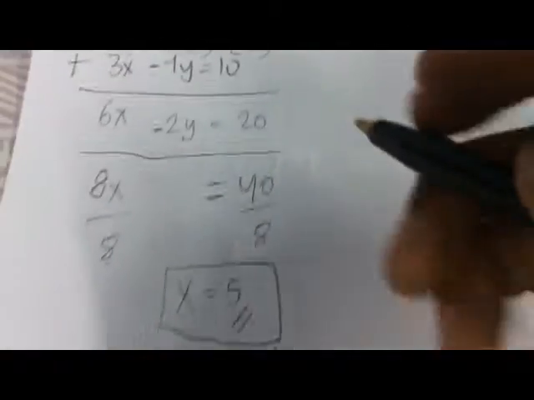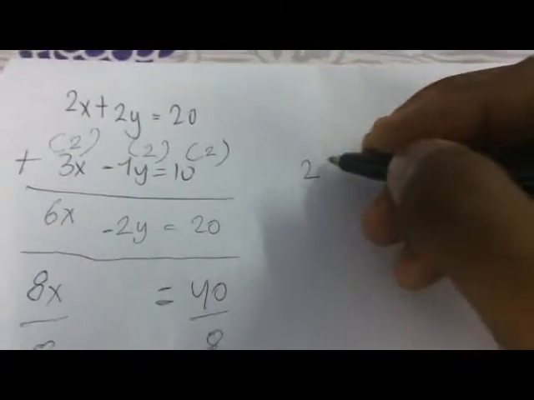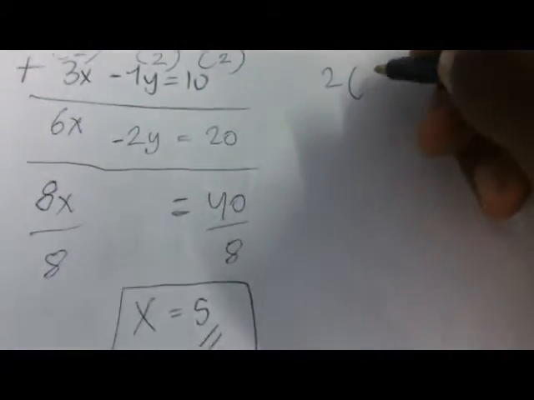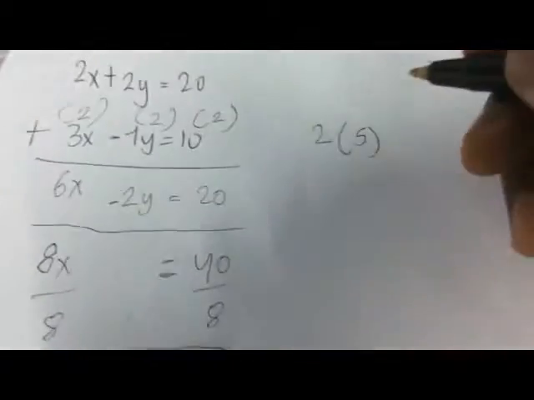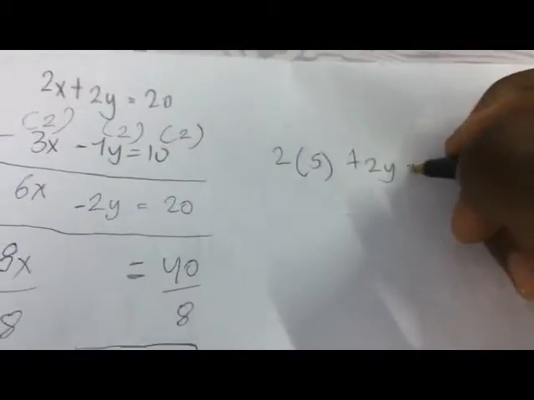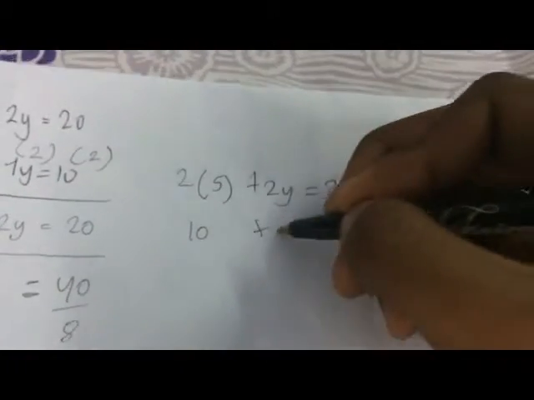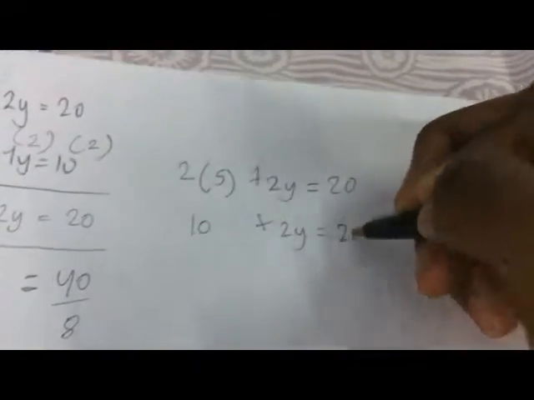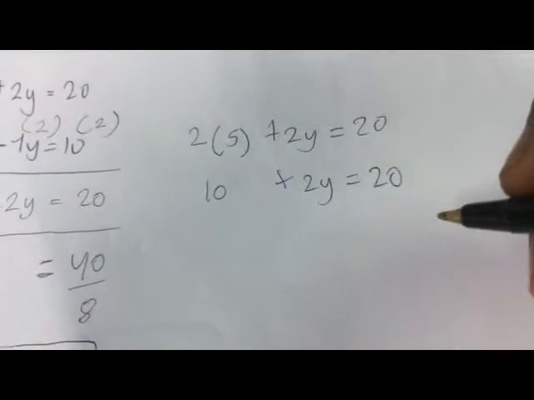And now we have to find the y. In order to do that, we would have to choose any of these. I would prefer choosing the first one. So 2x times 5. We have to replace the x with 5, the one we found here. So 2 times 5 plus 2y equals 20. So 2 times 5 equals 10 plus 2y equals 20. So when we move the positive 10 to the other side, it will become negative 10.